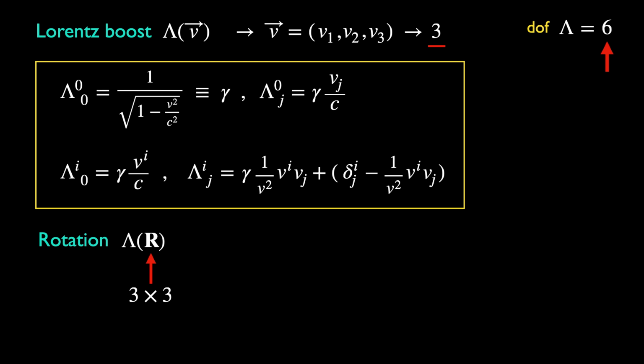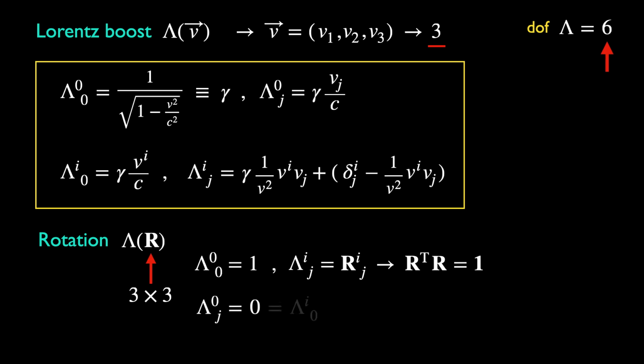Incorporated into the usual 4x4 lambda matrices, the time component is left alone, so lambda 00 is just 1. The purely spatial elements are just those of the 3x3 rotation matrix. Recall that R is an orthogonal matrix, which means its inverse is equal to its transpose. The mixed indices elements are all 0.